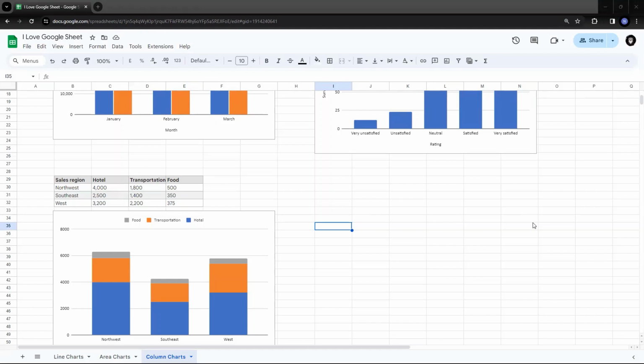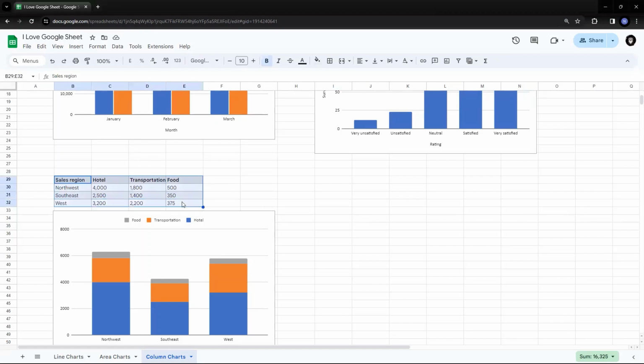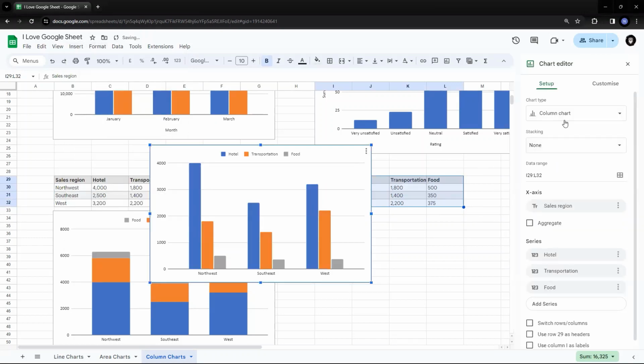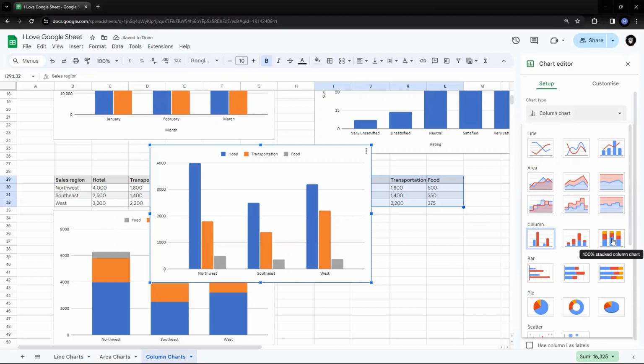For example, suppose I take this same data and we'll plot the chart again. This time we'll take the 100% stacked column chart.